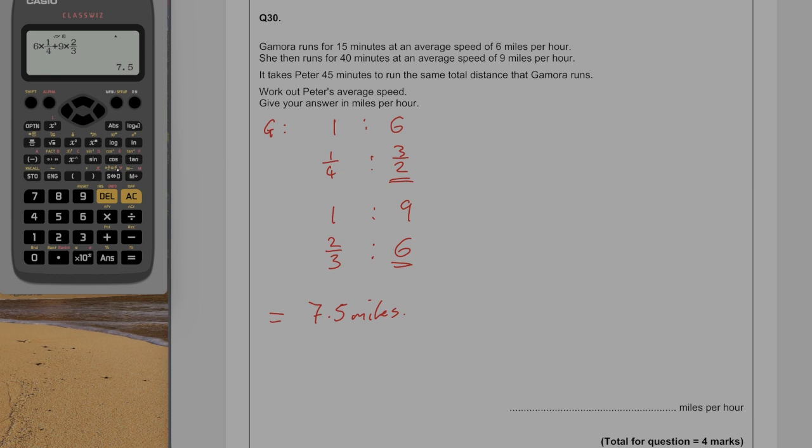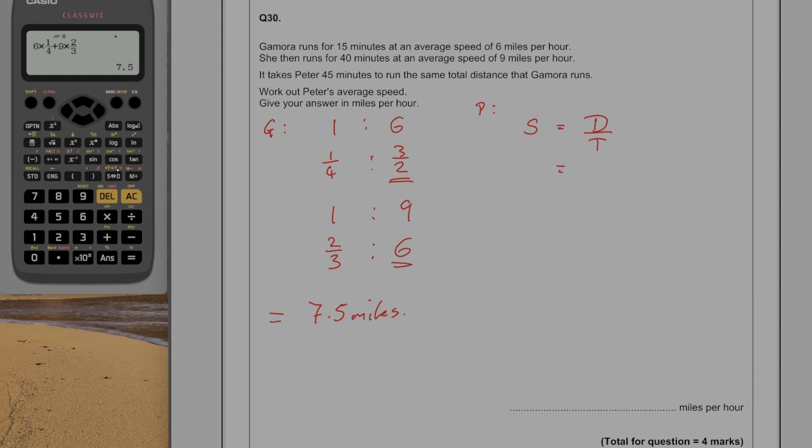Right, so Peter runs the same total distance that Gamora runs. Work out Peter's average speed. So speed again, we'll say P. Speed is equal to distance divided by time. And we want his speed in miles per hour. So the distance is 7.5 and the time is 45 minutes, which would be 3/4 of an hour.